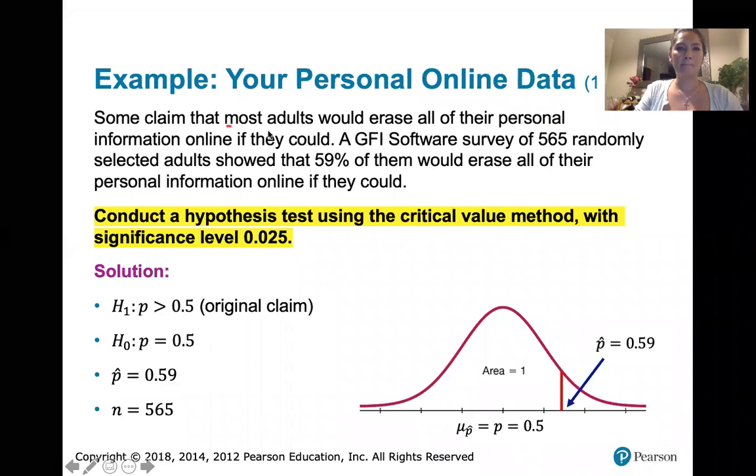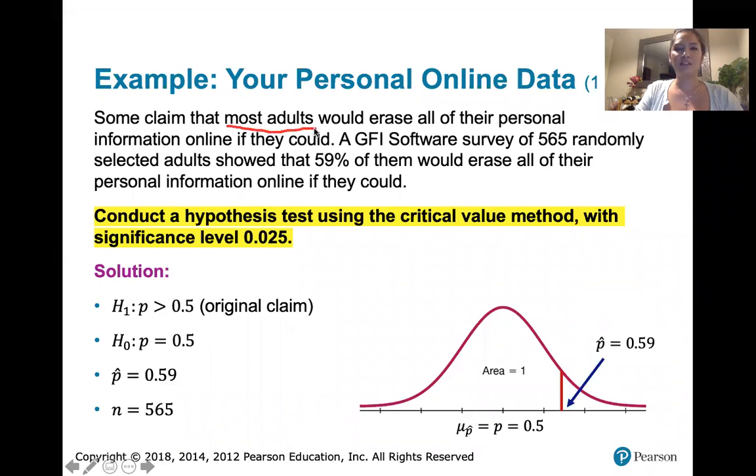It says most adults would erase all of their personal online information if they could. Most adults means that the proportion is greater than 50%, which means the proportion is greater than 0.5 if we're thinking of that in decimal form rather than percentage form.